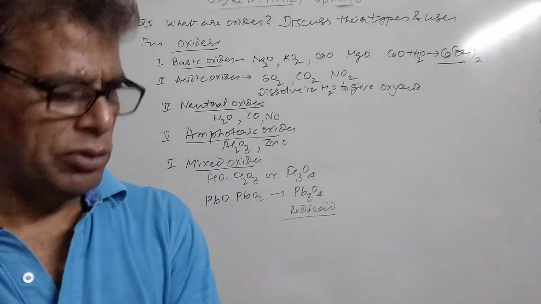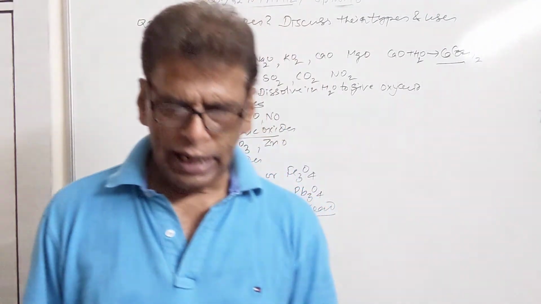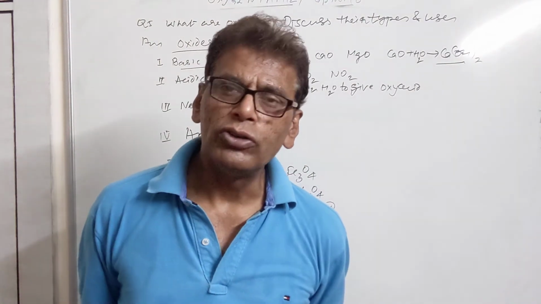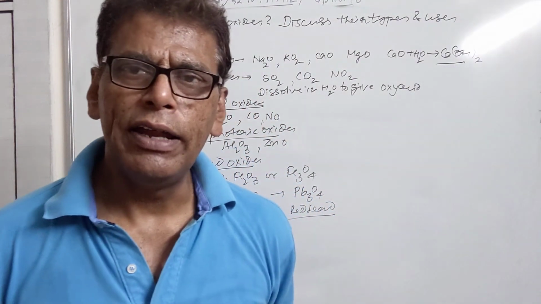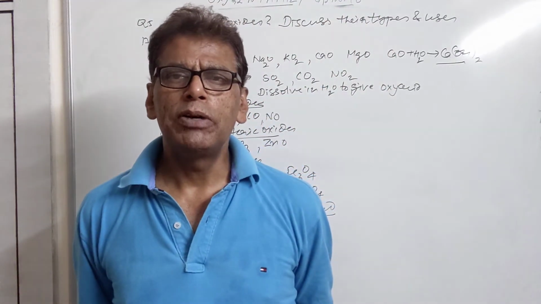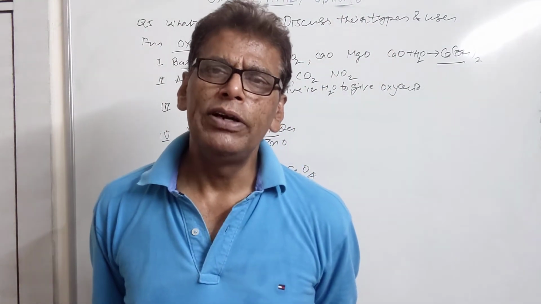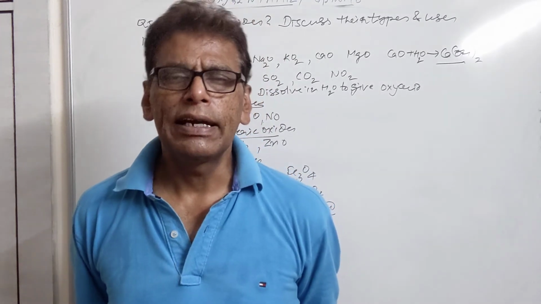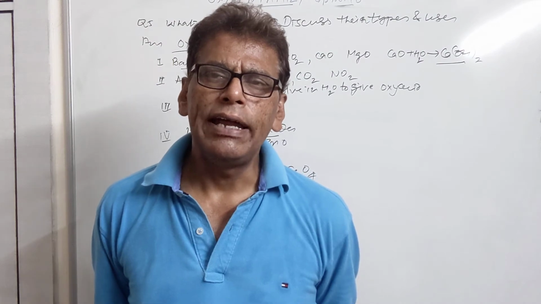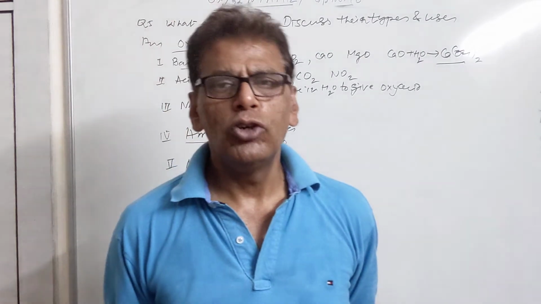So coming to the next topic, that will be ozone, which is an allotrope of oxygen. Ozone, as we have seen during the properties of oxygen, can be prepared from oxygen by passing silent electric discharge through the oxygen. This process is carried out in two types of ozonizers.